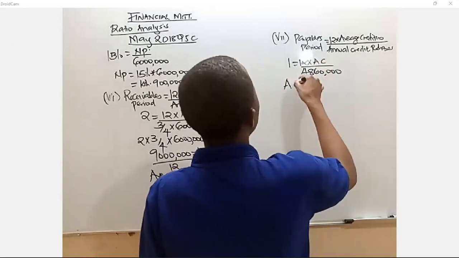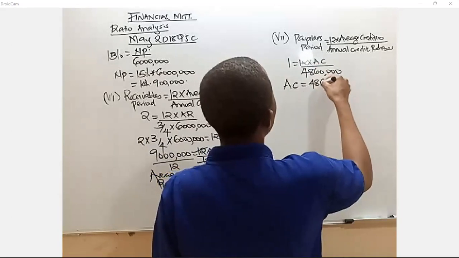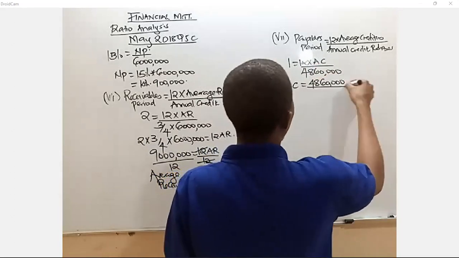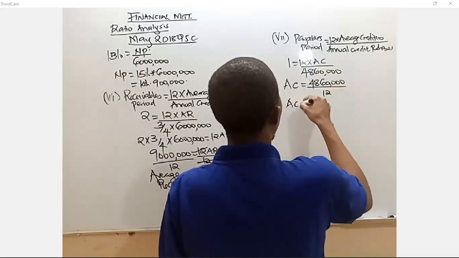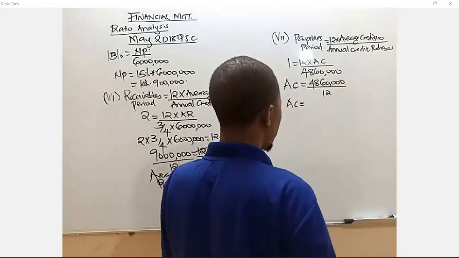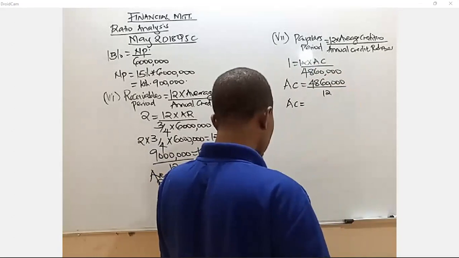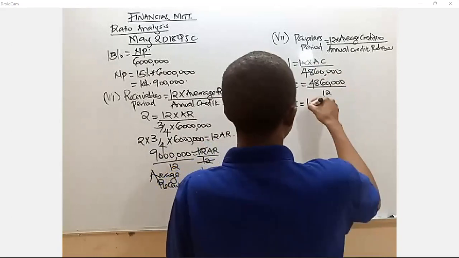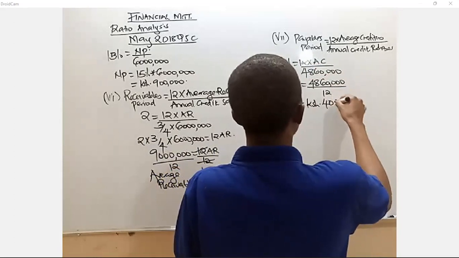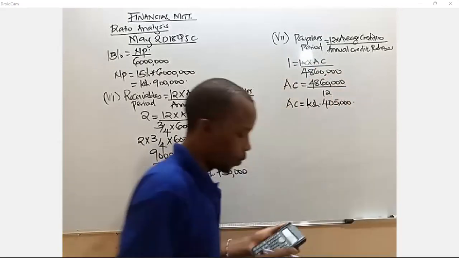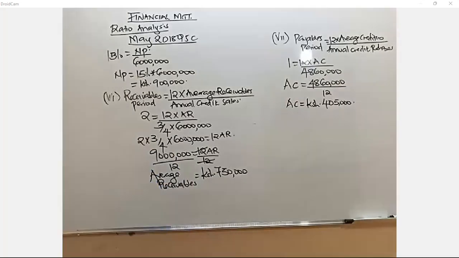So the average creditors should be 4,860,000 divided by 12, getting Kenya shillings 405,000. That is how you get the average creditors that is asked by the examiner.